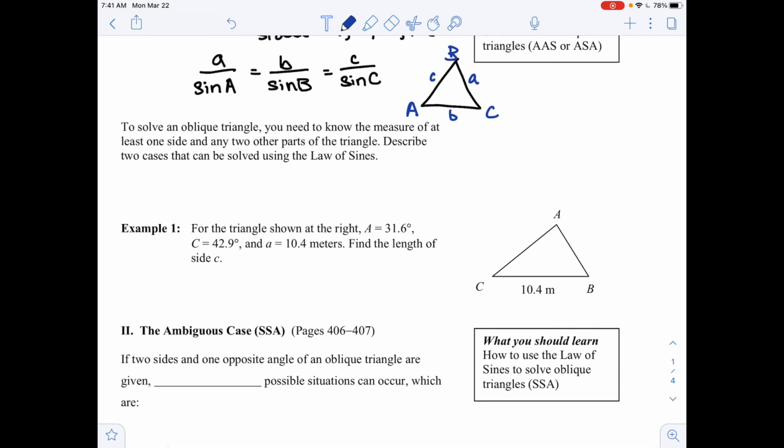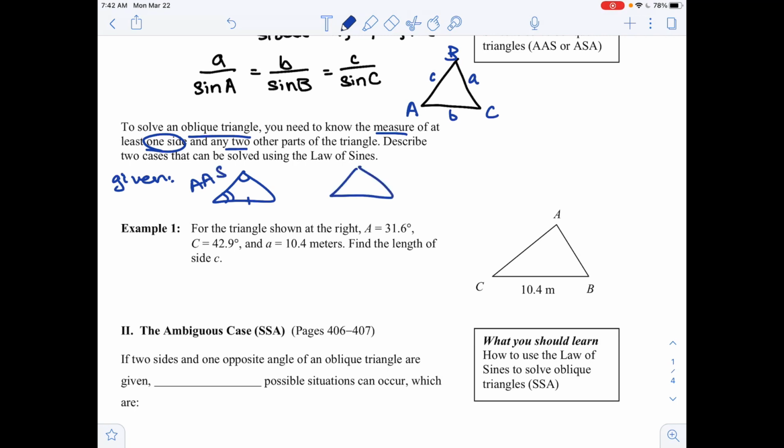So let's see. To solve an oblique triangle, you need to know the measure of at least one side and any two other parts of the triangle. Describe the two cases that can be solved using the law of sines. So we have a couple of different ones. When we're given two angles and a non-included side, that's called the angle-angle-side triangle.